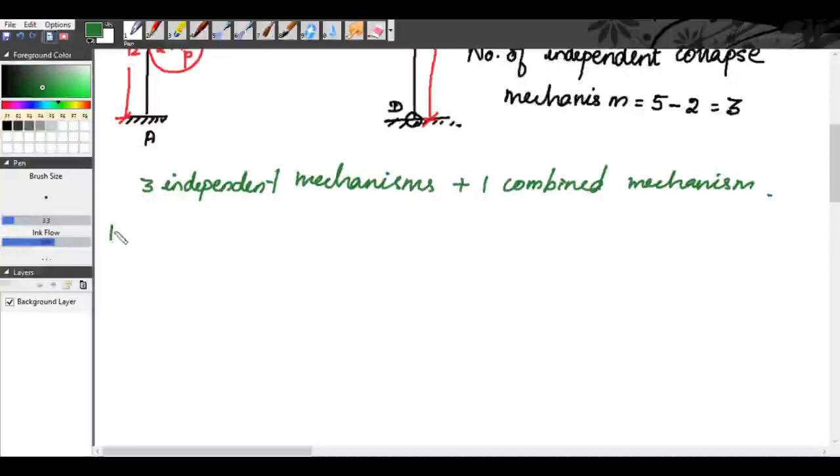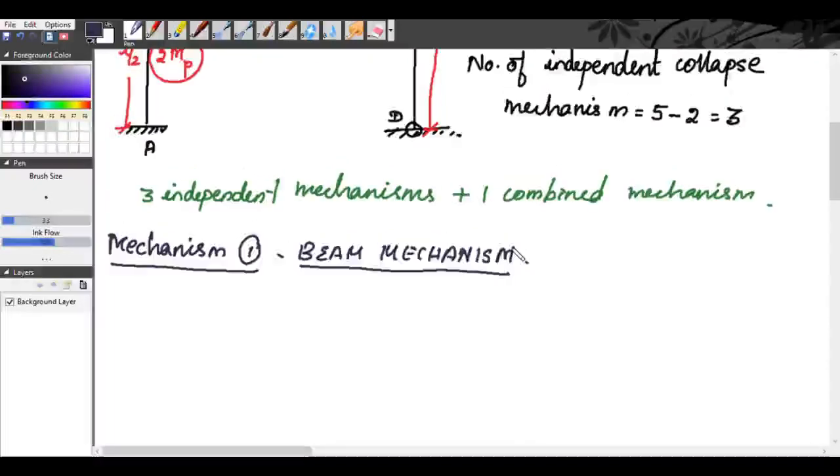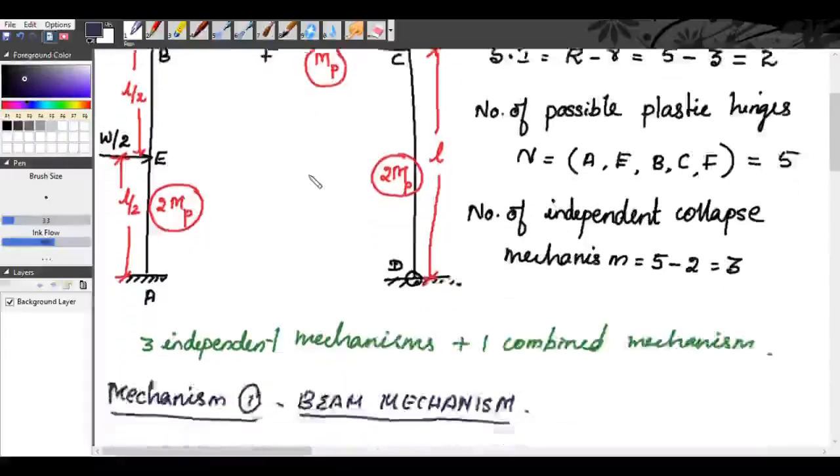Mechanism 1 is the beam mechanism, for the beam BC. At F, at the center, at the midspan, you have a load W. The span length is L, so L by 2, L by 2, and it is subjected to MP. So we will draw the mechanism now.